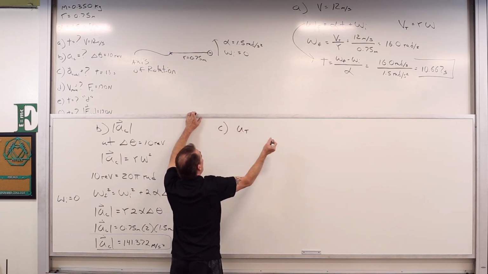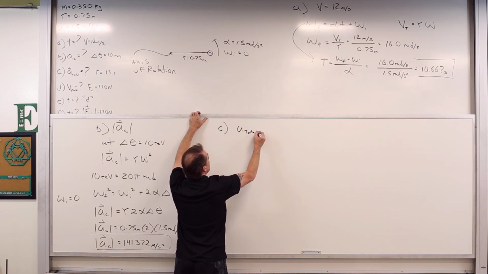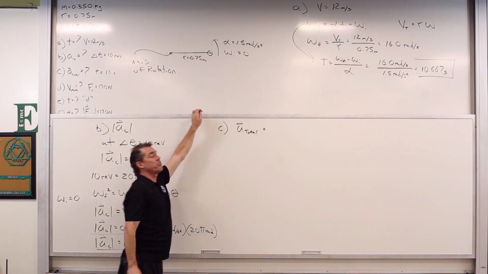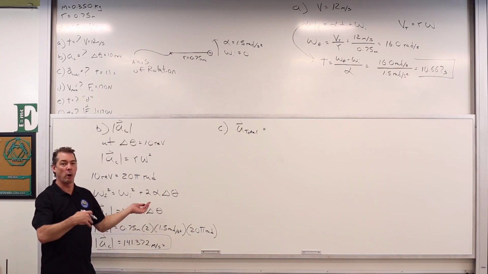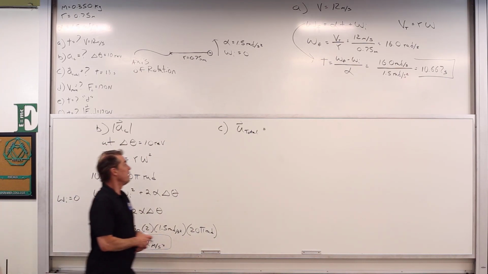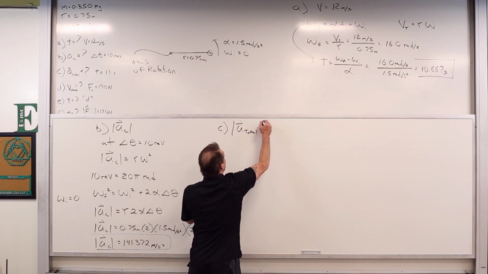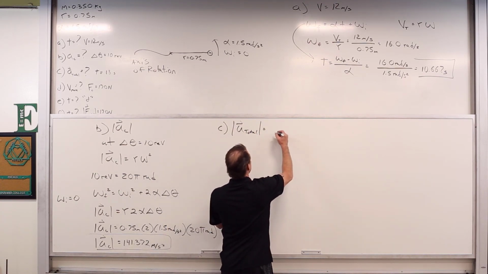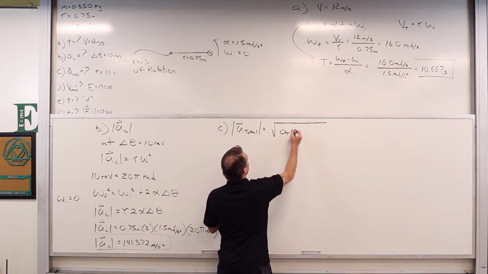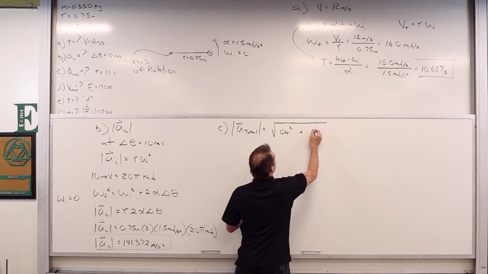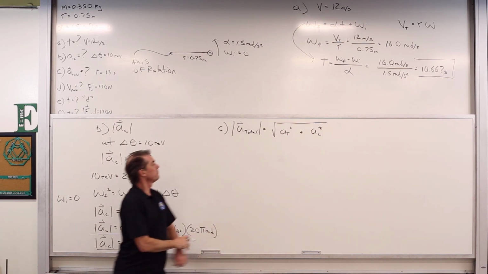We note that the total acceleration is the vector sum of, well, the centripetal and tangential, which are perpendicular to one another. So really, the magnitude of the total acceleration is equal to the square root of the sum of the squares of a sub t and a sub c.